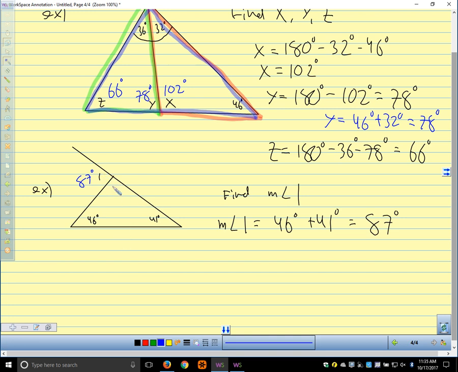Well, can't we figure out this angle? Because all three of the angles in the triangle have to add up to 180. So we could say, if I call this X, x equals 180 minus 46 minus 41.